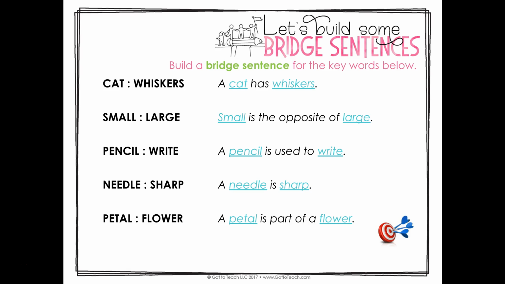Make sure that you take a moment to make your corrections. An apple is a type of fruit. Again, make sure that you've made any corrections that you need to for your bridge sentences. Don't erase your answers. Use a different colored pen or even a colored pencil to make changes that you need to.